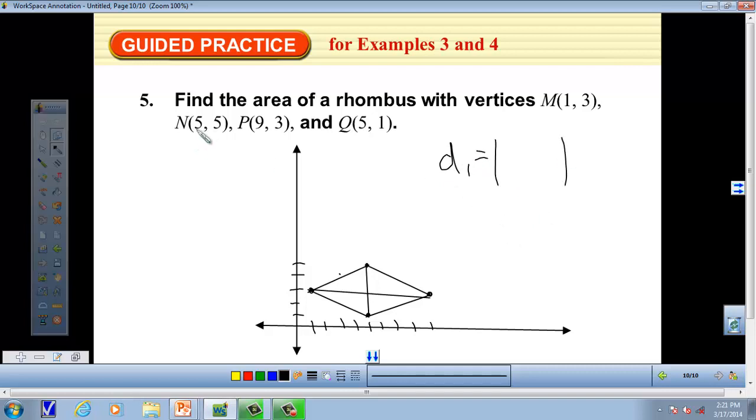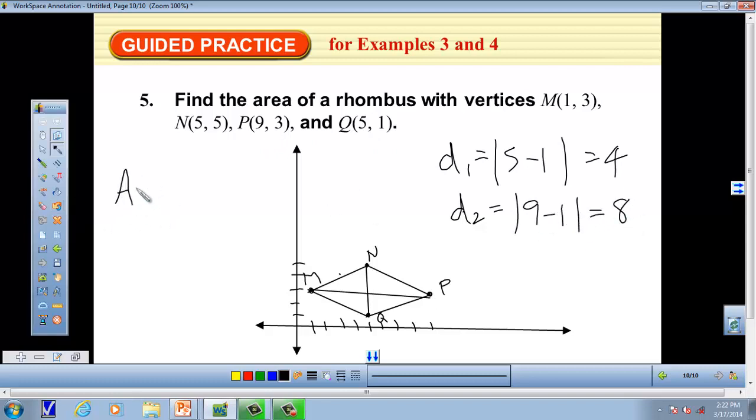We look at these two right here, n to q, where this is n and this is q, and it looks like this is m and this is p. So if I'm doing this diagonal right here, they both have 5 for the x's, and so it would be 5 minus 1, or 4. To find the second diagonal, we've got m and p, and you notice they have the same y coordinates, so this would be 9 minus 1, or 8.